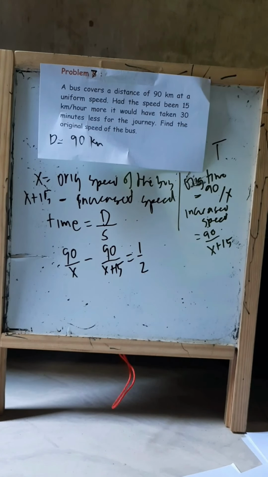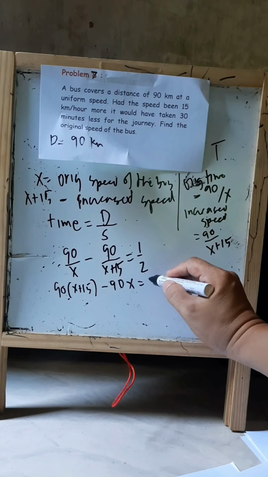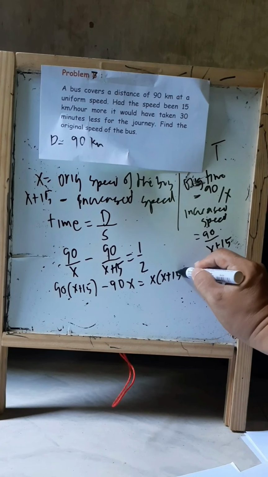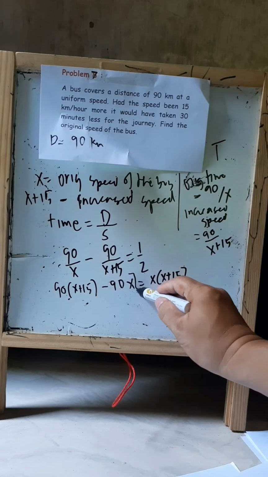From this equation, let us now solve the value of x, which will be the original speed of the bus. So we have 90 times x plus 15 minus 90x is equal to x times x plus 15, and then multiply that by 2.